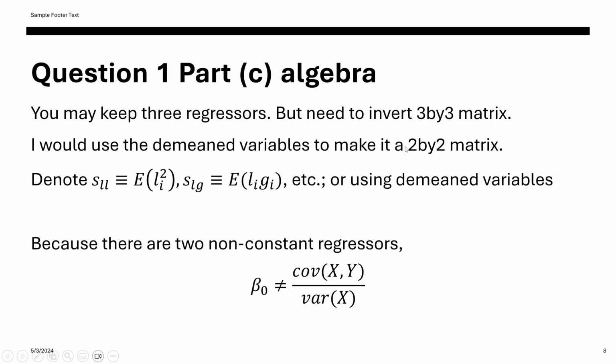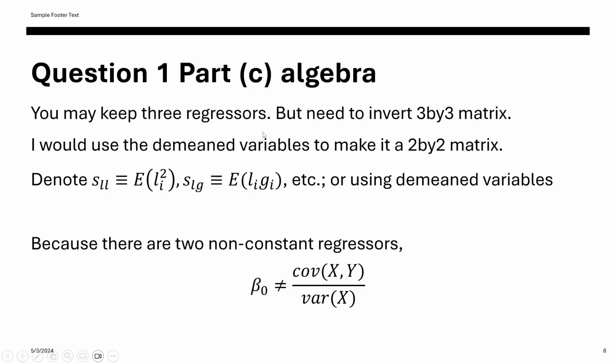And in doing so, it will help if you define some notation like S subscript LL, which is the expectation of L times L. S_LG is the expectation of L times G, something like that. Or instead of L, you may use the demeaned variable of L. By the way, you have to define new notation for demeaned variables and write a couple of sentences, like 1 or 2 sentences, on what you are doing and what would be different.